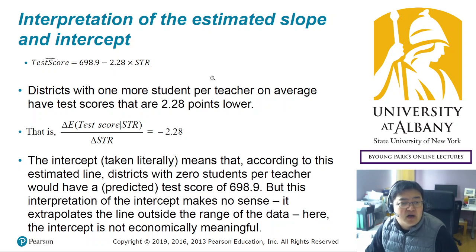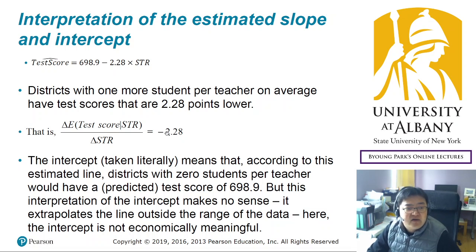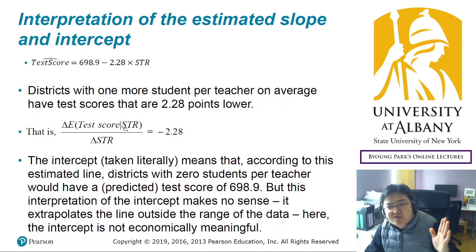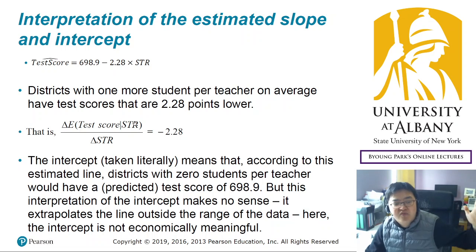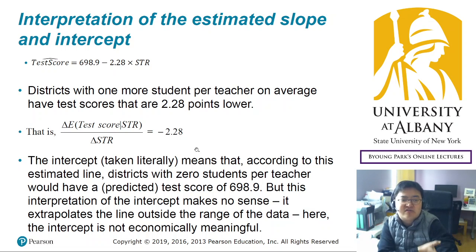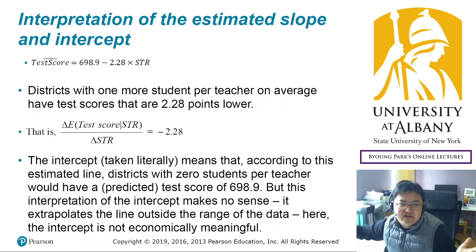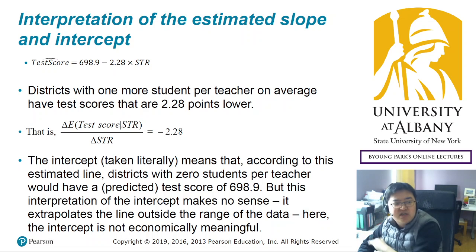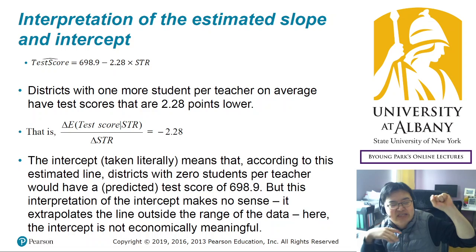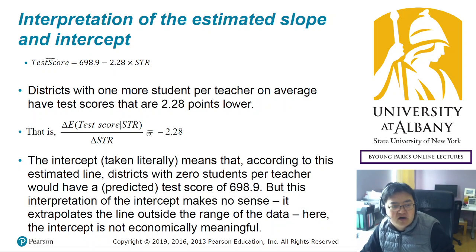Okay, so then as I said, the slope estimator minus 2.28 is kind of the difference in the conditional expectation as student-teacher ratio changes. So if you group the schools into different student-teacher ratio levels, and as you change the student-teacher ratio, the conditional expectation changes this much on average, approximately.